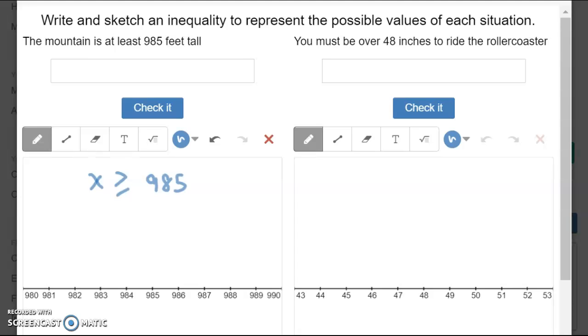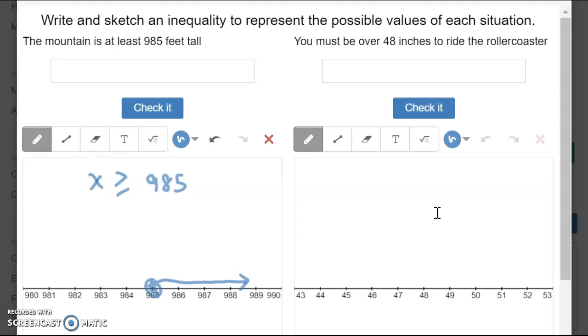In fact, I'm not going to bother typing it in, I know it's correct. So 985 is right here. And because of this equal sign bar, it's going to be shaded, and notice the inequality sign is pointing to the right. But make sure that when you are using this method of looking at where the inequality is pointing to, your variable is on the left, followed by the inequality and then the number.